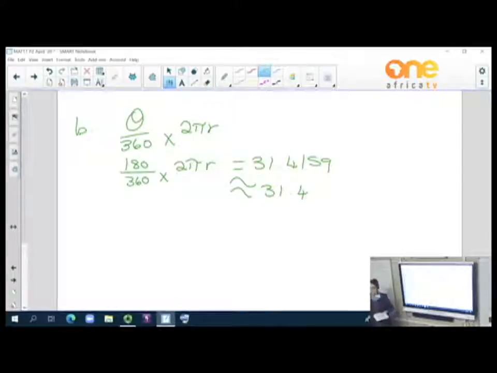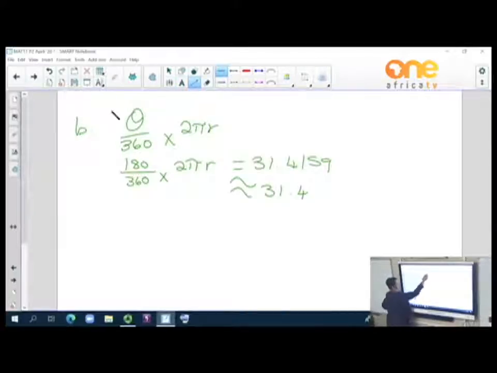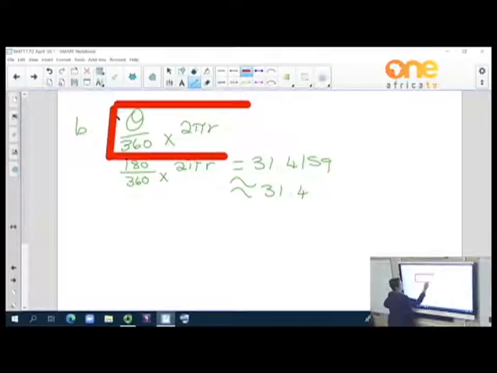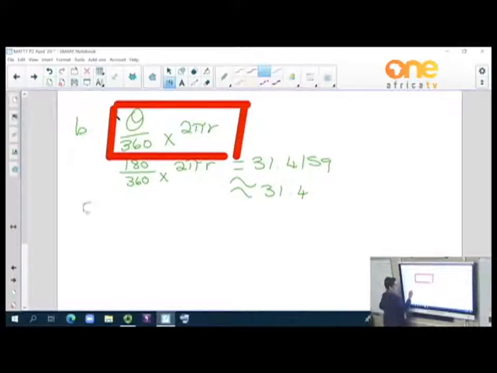Right, I want you now to try number C and D, using the formula all the time. There's the formula, theta over 360 times 2 pi r.